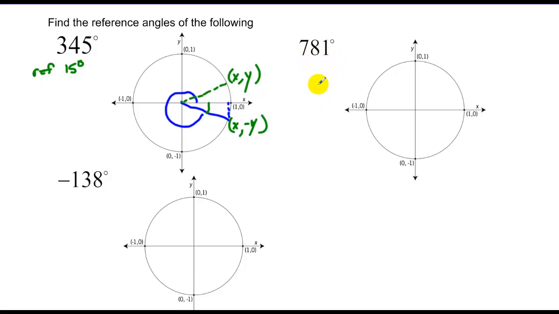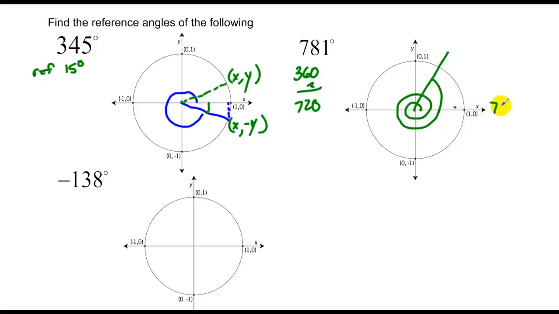781, this is a little different because now I've gone around more than one time. In fact, 360 times 2 is equal to 720, so I've gone 2 times around, 1, 2, and that puts me at 720, but I've got to be 781, which puts me somewhere around here-ish. And that angle here is how far away from this positive x-axis?